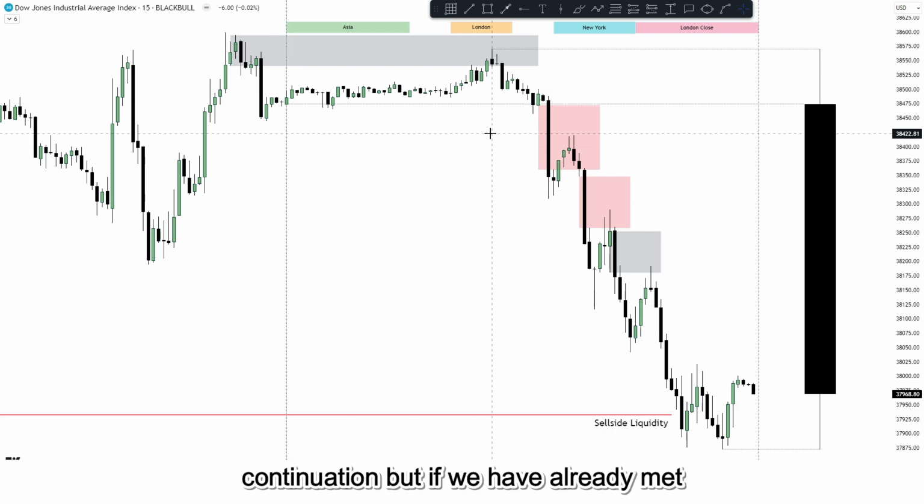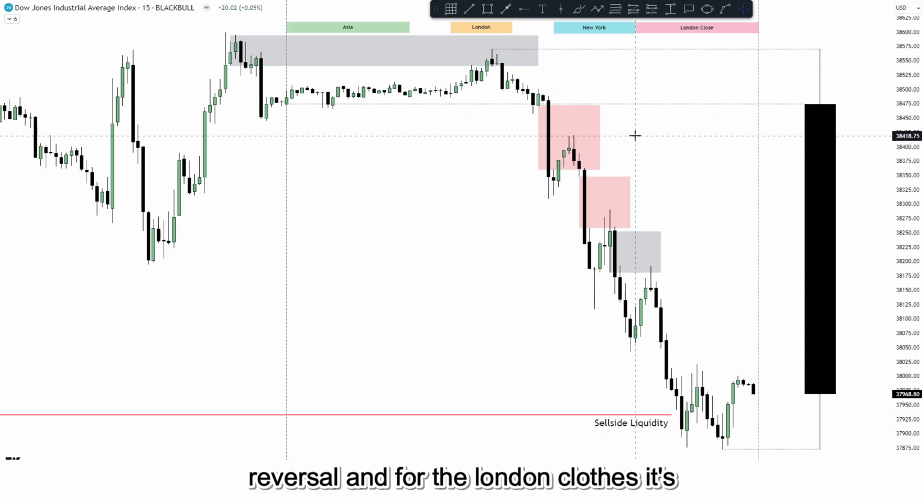But if we have already met that objective during the New York session, we're starting to break from it, then that's when we can anticipate the New York reversal. And for the London close, it's typically a continuation of whatever New York session has done until that objective is then met, or a reversal if that objective has already then been met.